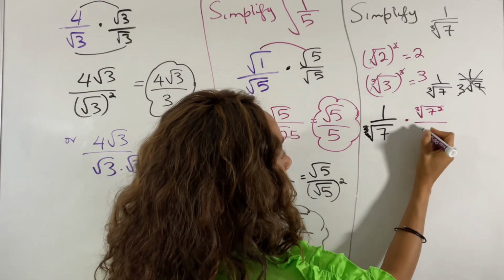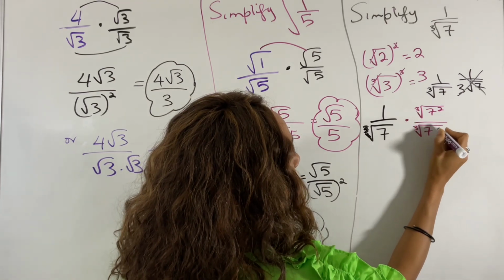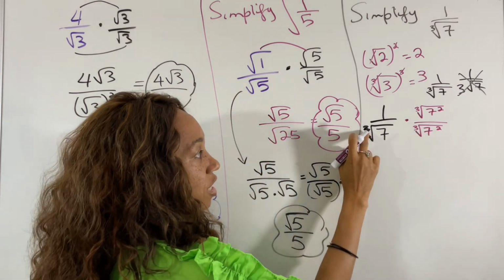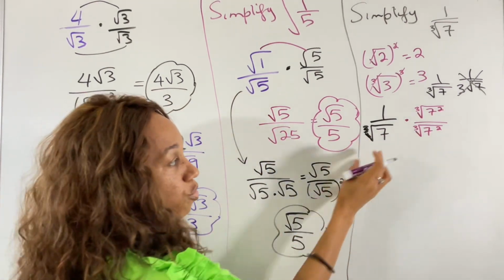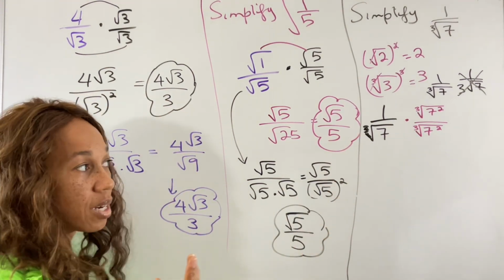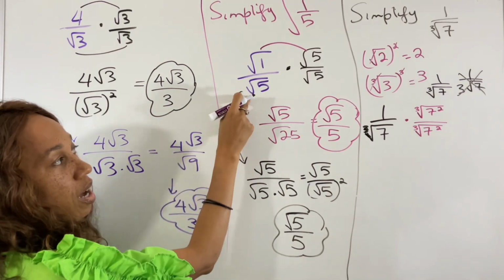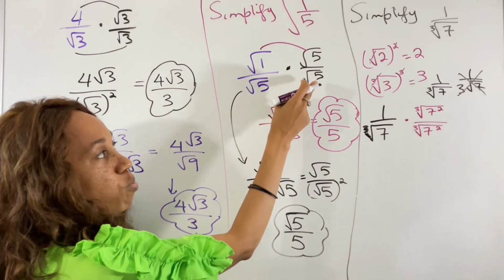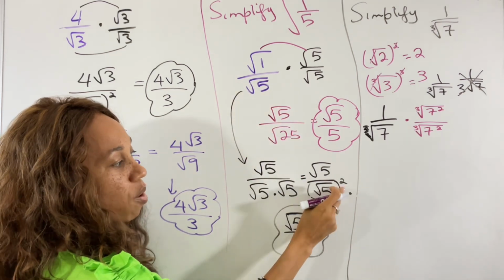And the reason why you are raising it to the second power is because the index is 3. You need to get 3 sevens underneath the bottom, or 3 of whatever number or variable you have there. If you were doing it with just the square root symbol, you multiply by the square root symbol, and that is going to help you get the second power, which is cancelled out.